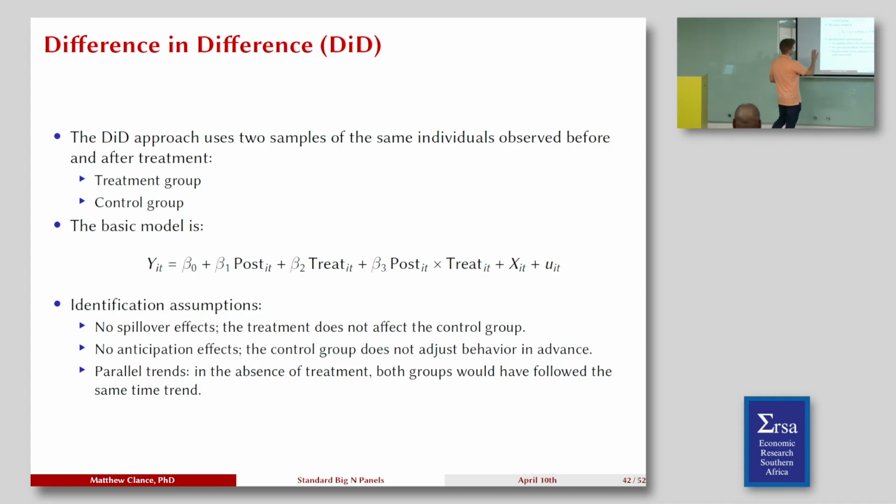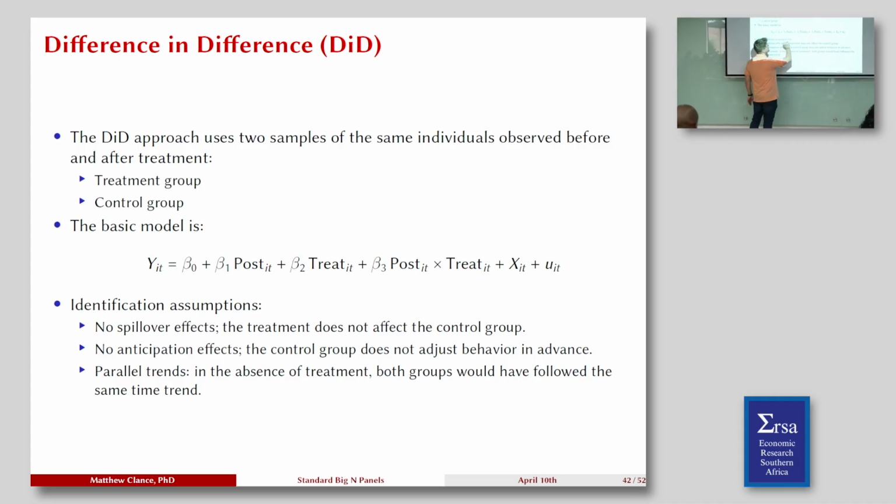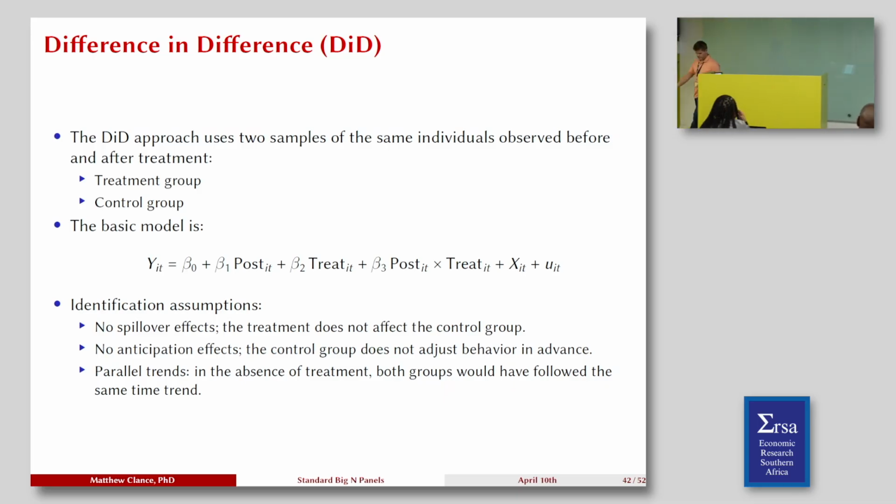In a basic model, post means, in the simplest terms, we have a time before treatment and a time after treatment. That means the treatment is happening somewhere in the middle. So anytime we're looking at the post, post is equal to 1 here, and pre is equal to 0 here.